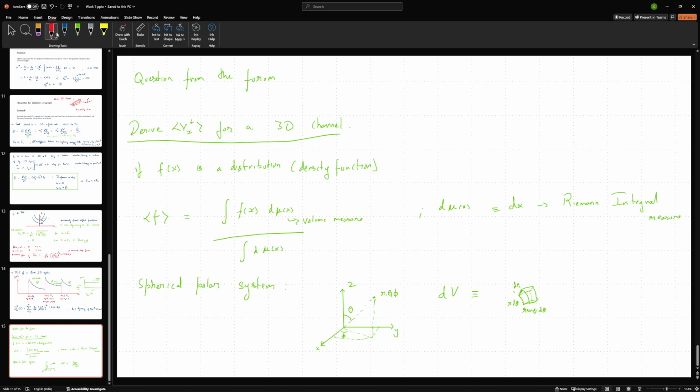To get this, I make a small theta variation along the z-axis, which gives me r d theta. Then I sweep it along the xy plane, and the sweep is given by this radius, r sine theta, so it is d phi there. Therefore, this is equal to r squared sine theta dr d theta d phi.